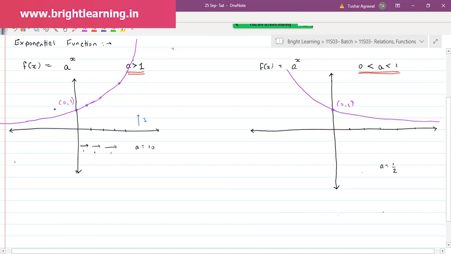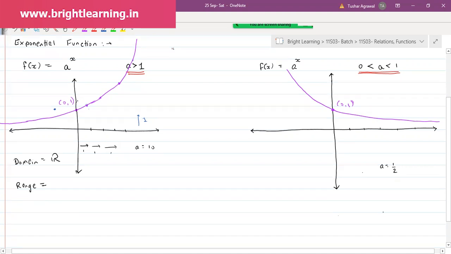Domain is equal to the complete set of real numbers, because everywhere the exponent is defined. For whatever x you give, positive, negative, 0, anything, for each and every value of x, a raised to x is defined. And for the range, can you see that the graph is always above the x-axis?